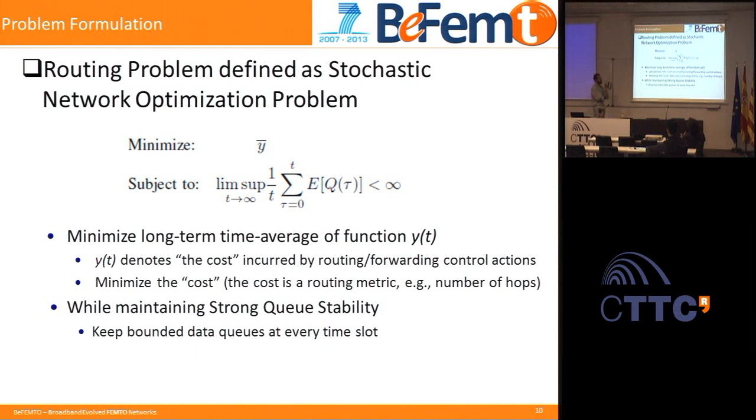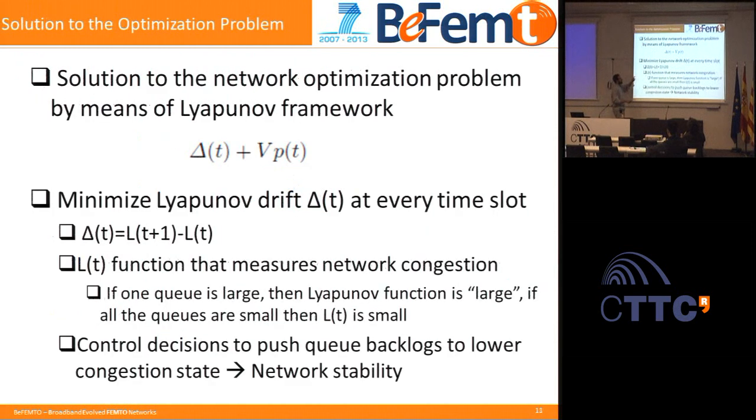What theory says is that if you comply with these constraints, they solved it initially with the Lyapunov framework. They solved it initially in this way, so they were not as worried about the cost function as they were about network stability. So they took decisions to always minimize the congestion state.